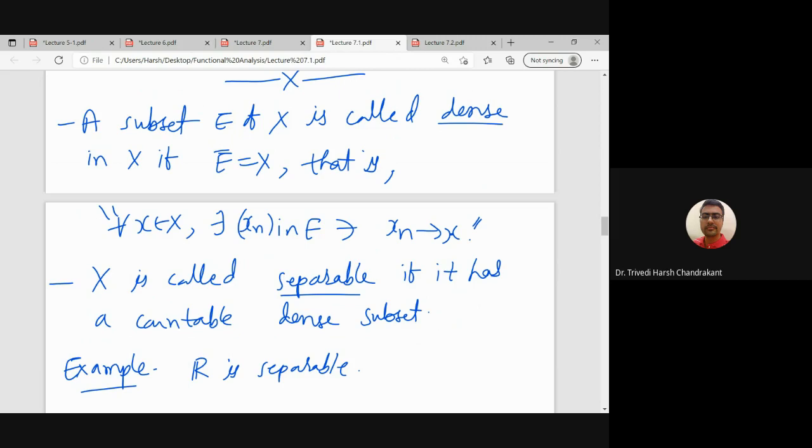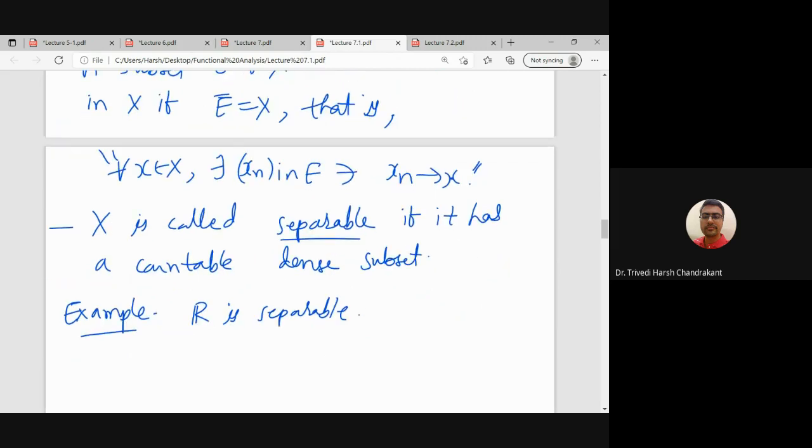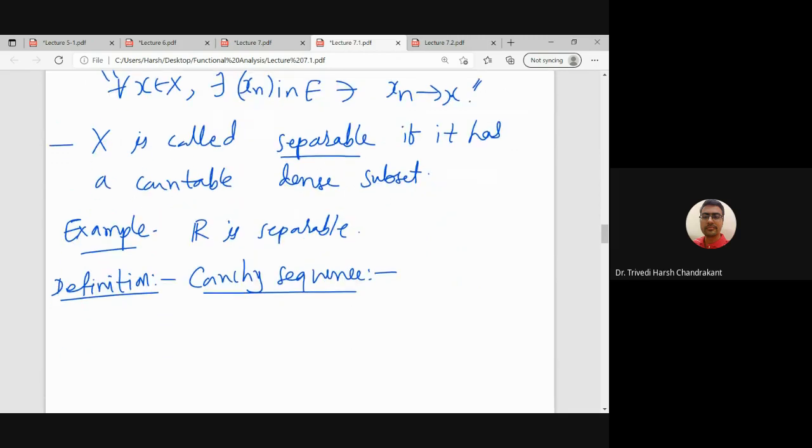Okay, so this is regarding separability. Similarly, we can define the Cauchy sequence. Convergent sequence we already defined in a metric space. Similarly, we can define Cauchy sequence.